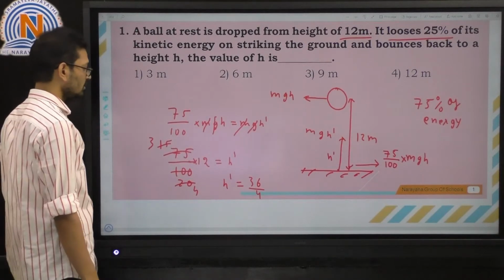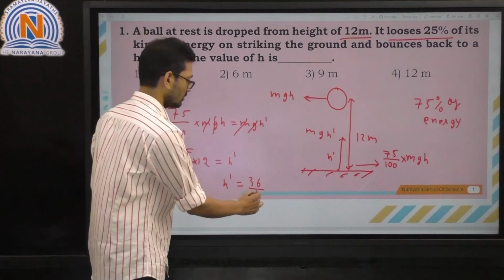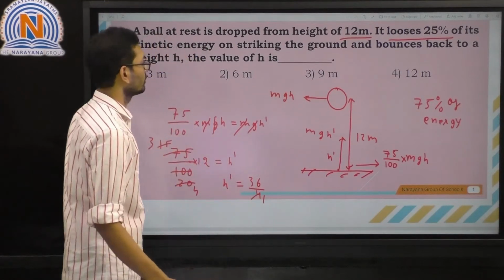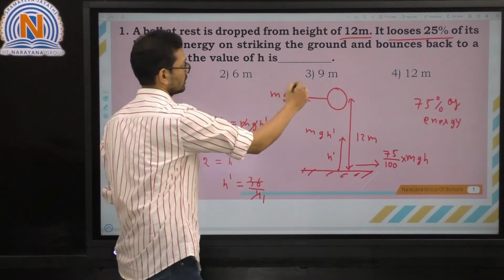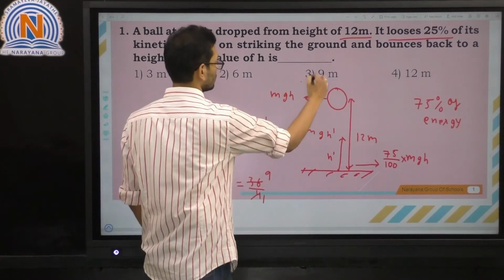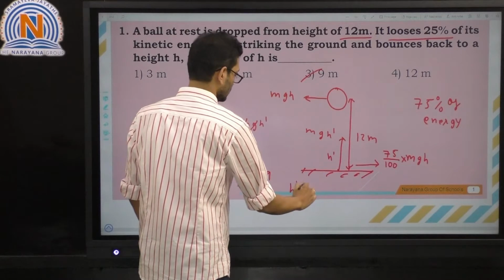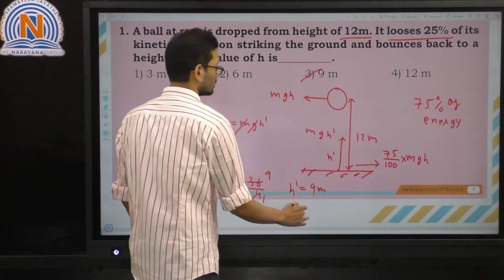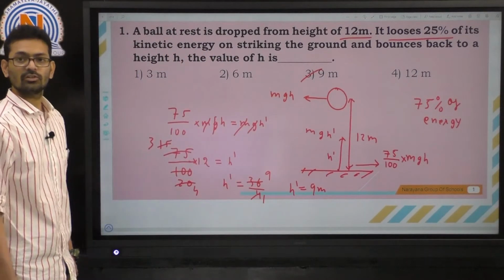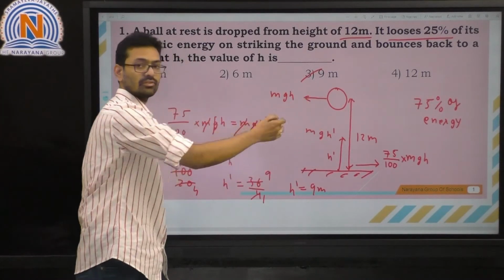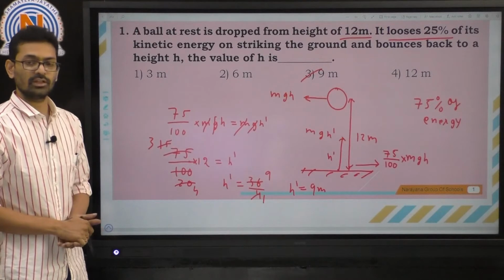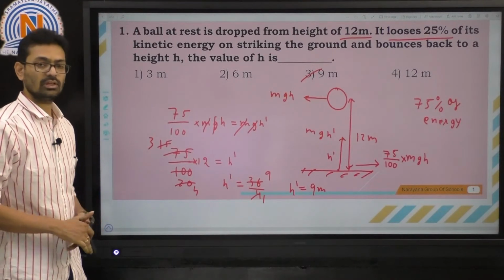So 36 by 4 is how much? Nine. So your height h dash is equal to 9 meters. So after hitting the ground, the ball has risen around 9 meters. Hope this is helpful for you. Let us go for the next question.